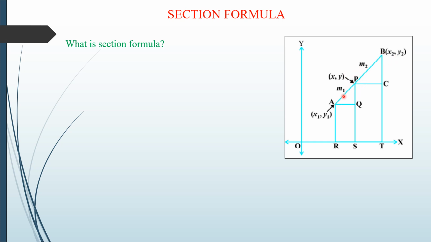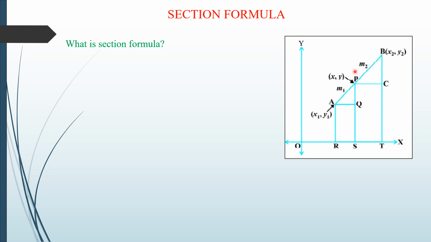Suppose it can be here, it can be here, it can be here. Now I want to know in what proportion this point P is dividing this AB. If I keep it exactly here, it is dividing straight line AB exactly as half, that is 50% is on this side and 50% is on that side.